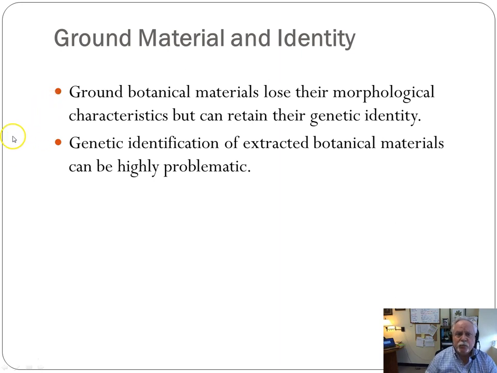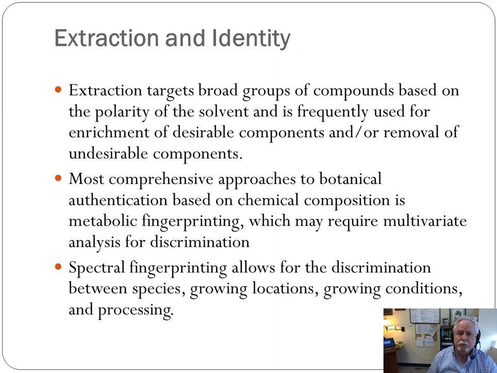Now, when we ground up material and we can no longer identify them based on morphological features, we can look at some of the genetic identity. But the genetic identification of extracted botanicals is really a big problem. So we had a report out, remember, from the Attorney General of New York, and it brought up a bunch of concerns around adulteration and the use of genetics to identify them.